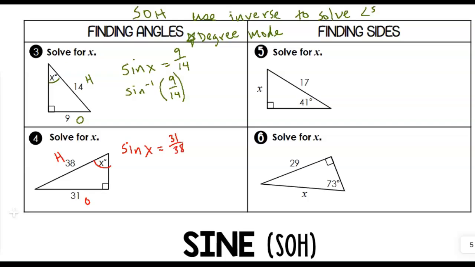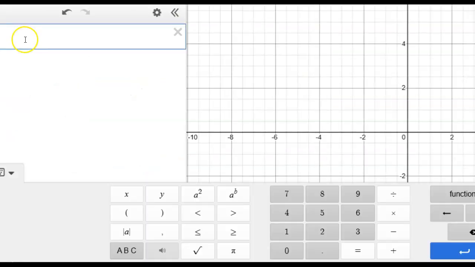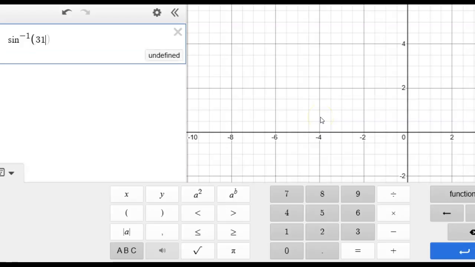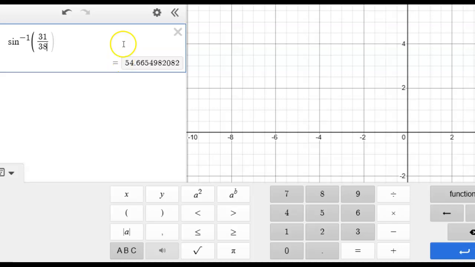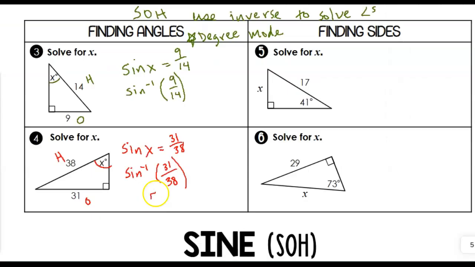Because we're solving for the angle, we're going to be doing the inverse sine of 31 divided by 38. We plug that into the calculator. Inverse sine of 31 divided by 38, and it rounds to 55 degrees. And then I don't write this one down, that was 40 degrees.